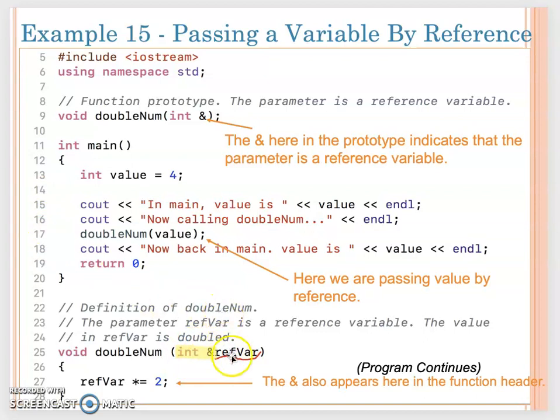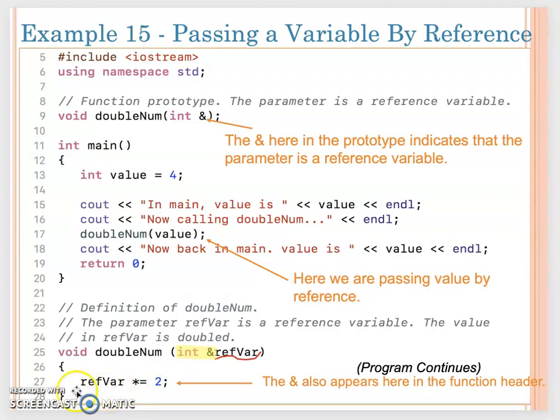This is why we still use this variable name refVariable. For this refVariable, we just do times equal 2. Remember, this means refVariable equals refVariable times 2. That's why afterward the refVariable is doubled.